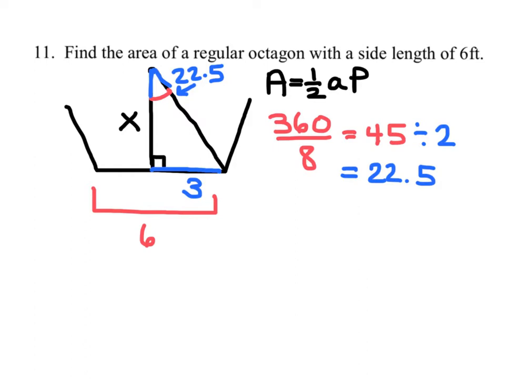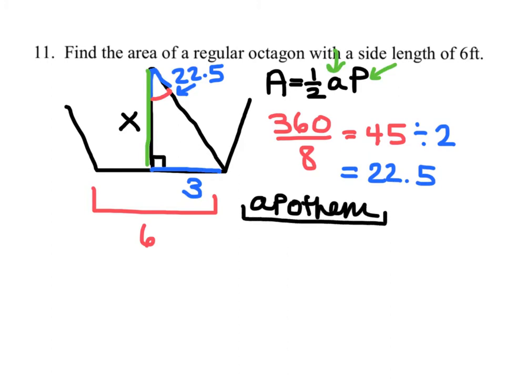All right, guys, the next thing is that I need to find my apothem and I need to find my perimeter. In order to find the apothem, I need to use right triangle trigonometry to find that side length right there, which we called x. So from this angle 22.5, the opposite side is 3 and the adjacent side is x.